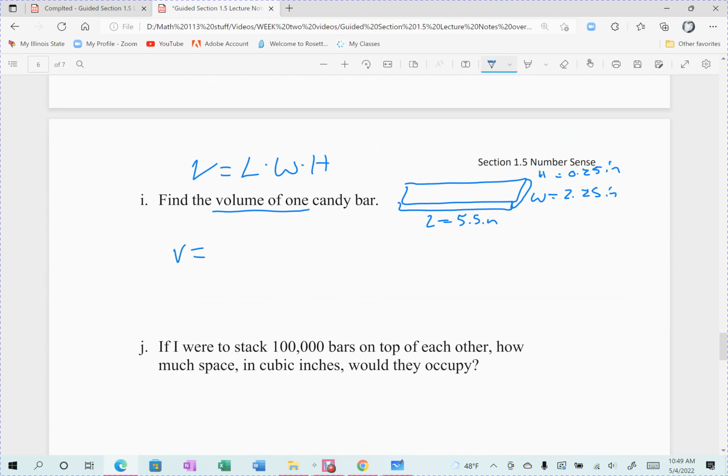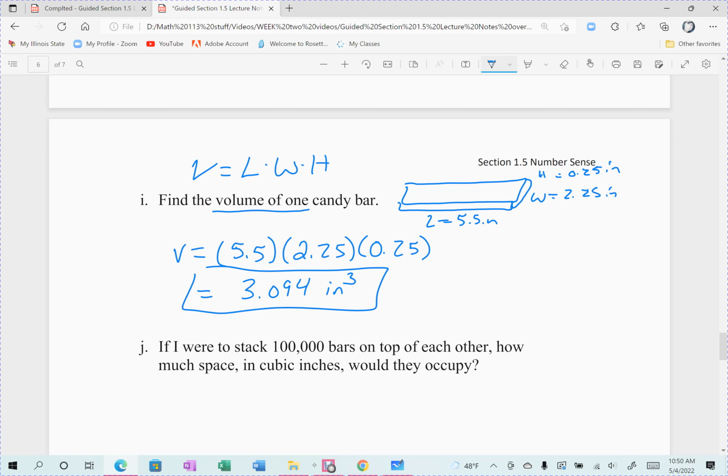So our 5.5 times our 2.25 times our 1/4, or you can use the fraction equivalent. When you multiply that and leave it exact, 3.094. And remember, inches cubed, because I've got 3 dimensions, it should be inches cubed.